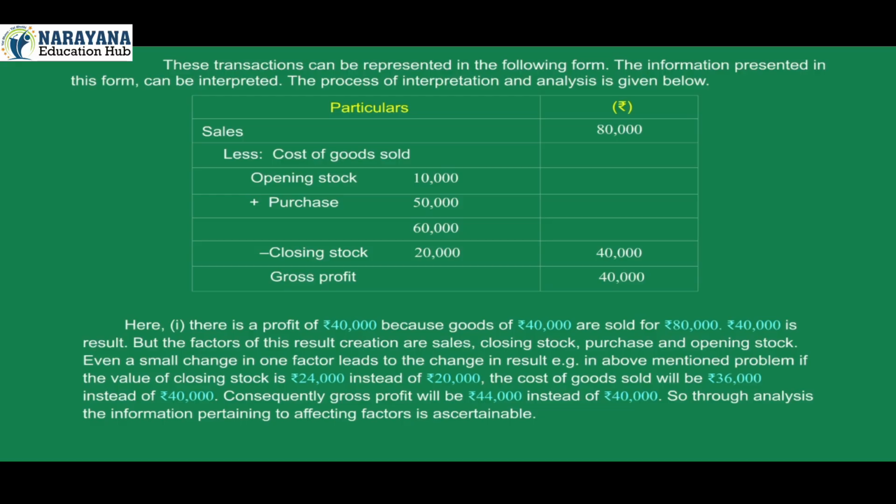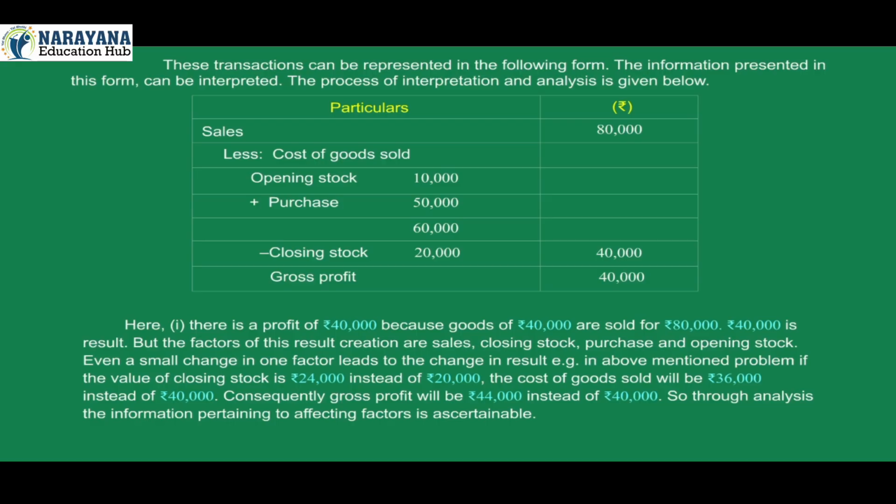Here, first, there is a profit of Rs 40,000 because goods of Rs 40,000 are sold for Rs 80,000. Rs 40,000 is the result. But the factors of this result creation are sales, closing stock, purchase and opening stock.